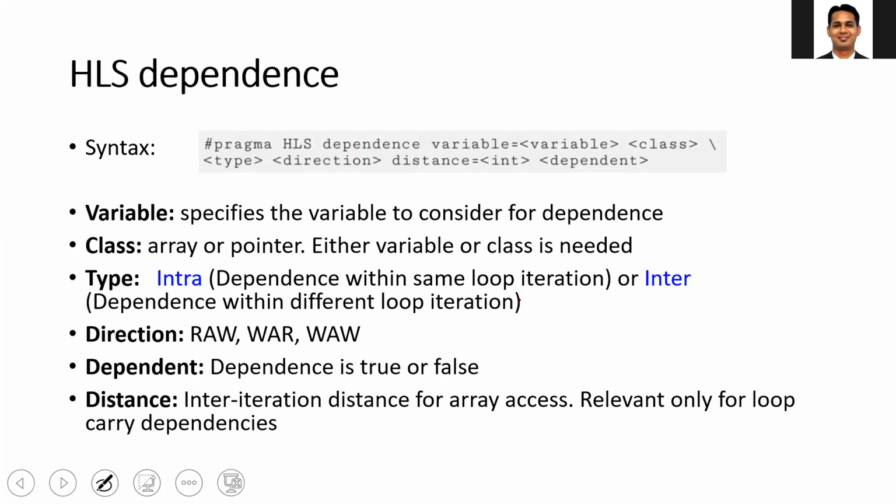So that can be specified using this distance parameter. Okay, so this is useful only when you have the dependence between the different iterations of the loop, that is the loop-carried dependency. And here in distance, you can mention which of the iterations are dependent on the previous iteration.